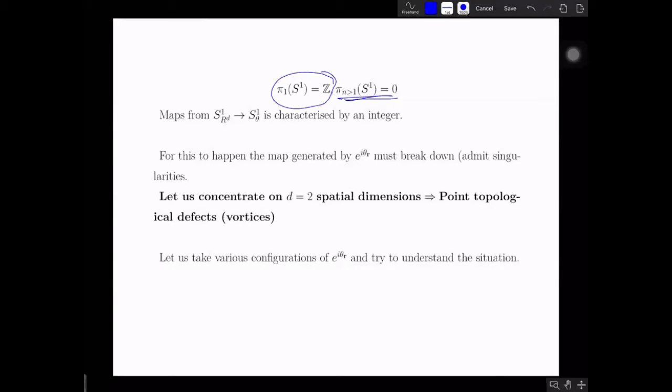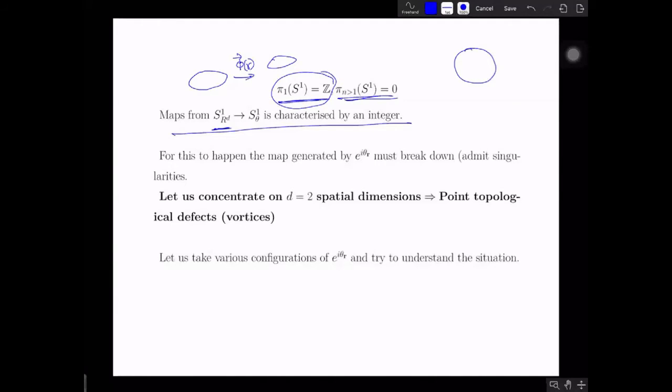So let's try to think about what this is. This is a classification of all closed loops in the base manifold, and their image given by phi of R in the order parameter manifold. That's characterized by an integer because that's winding about a circle. Okay, good.